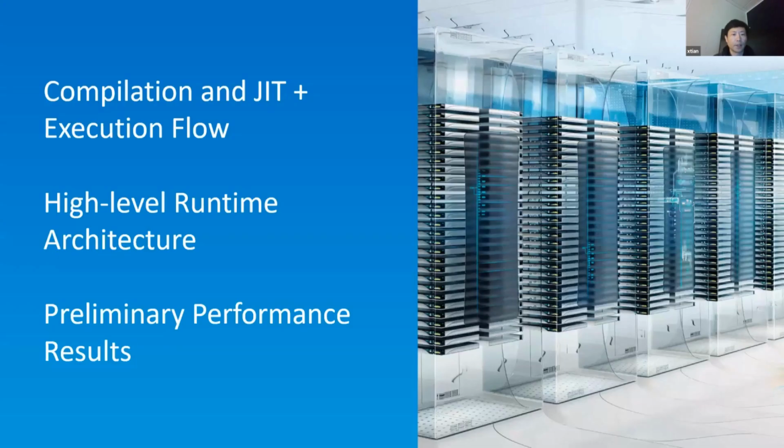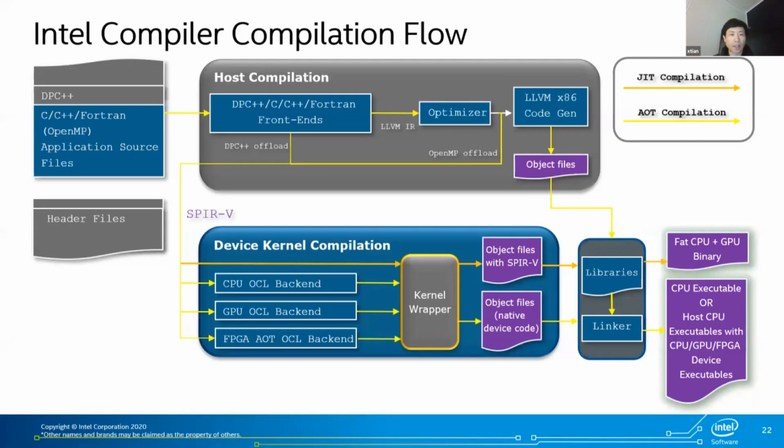Okay. Next, a couple of slides will quickly show you the high-level architecture of the compiler and the compilation flow. The key message is that we leverage the LLVM infrastructure to build both ahead-of-time compilation and JIT compilation.